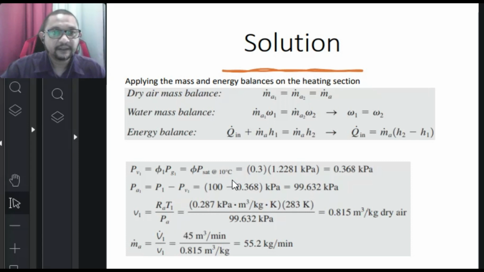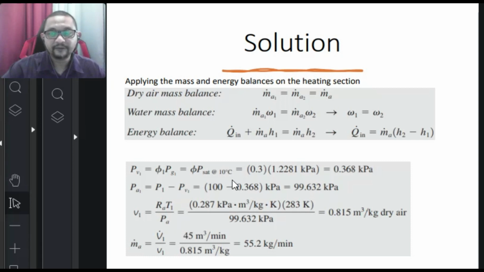And at 25 degrees Celsius it is 3.1698 kilopascal. And also the saturated water vapor enthalpy is 2519.2 kilojoule per kg at 10 degrees Celsius, and 2541 kilojoule per kg at 22 degrees Celsius.